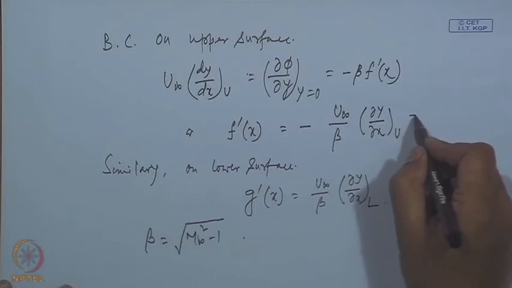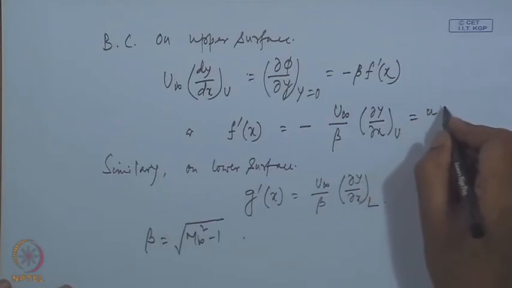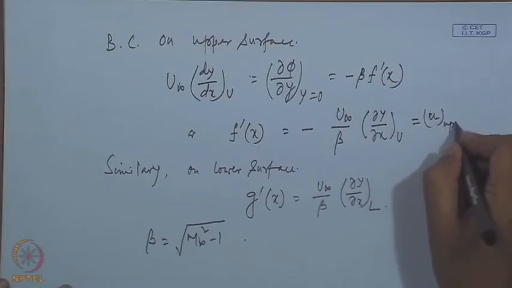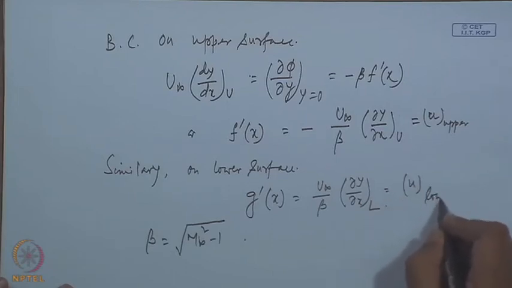These are also the velocity components on the wall, that is u on the upper wall, and similarly this is u on the lower wall.